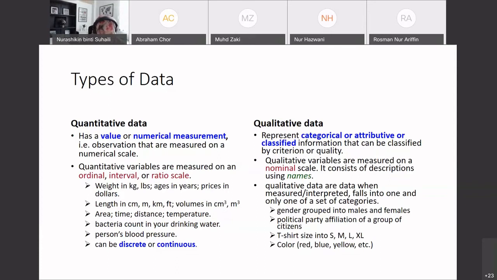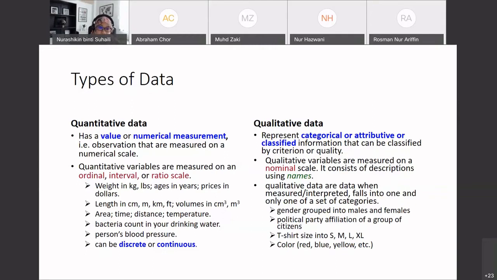Right, now we move to the types of data. There are 2 types of data, quantitative data and qualitative data. By the terms themselves, you can see quantity. Quantitative is something related to numbers, numerical measurement. It has values.